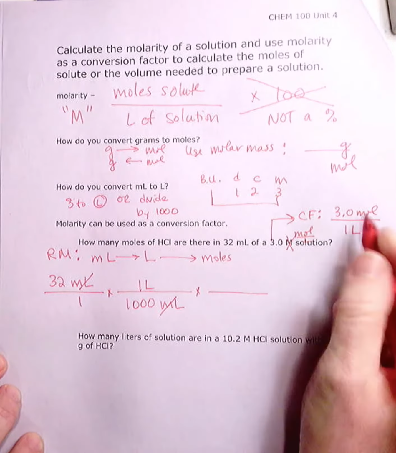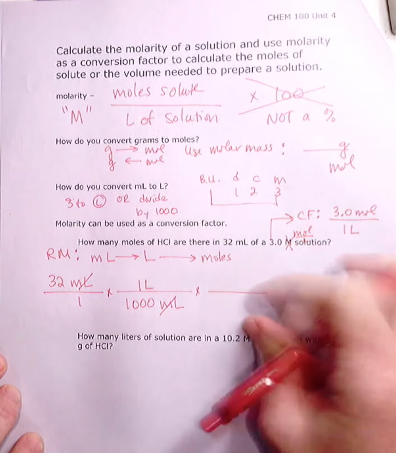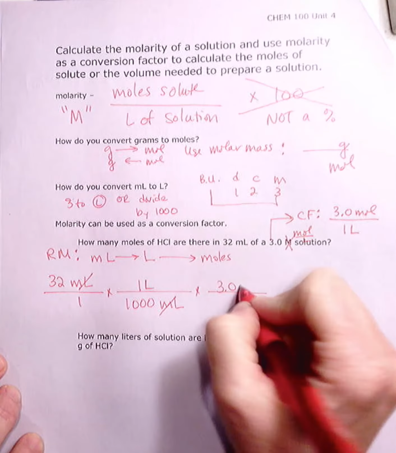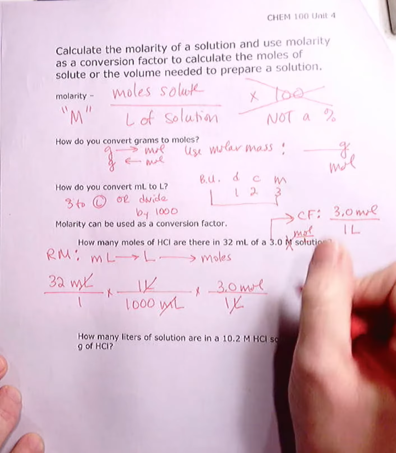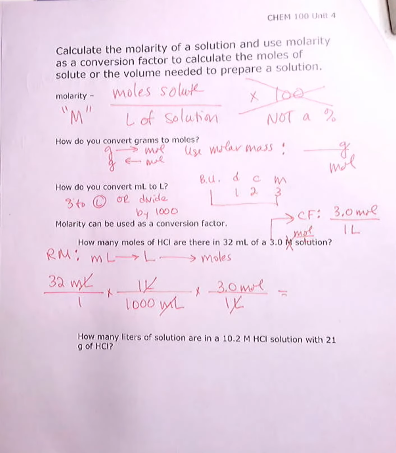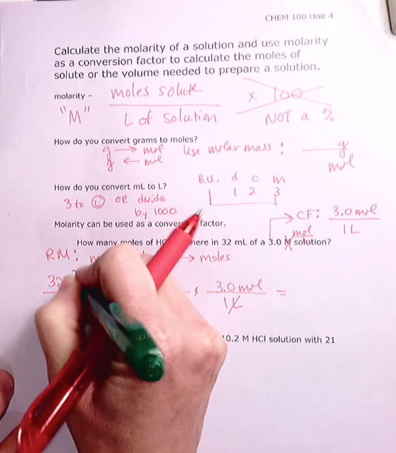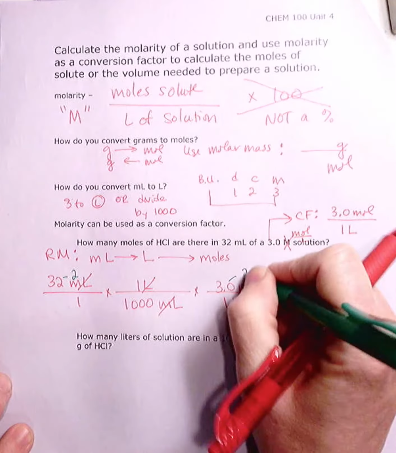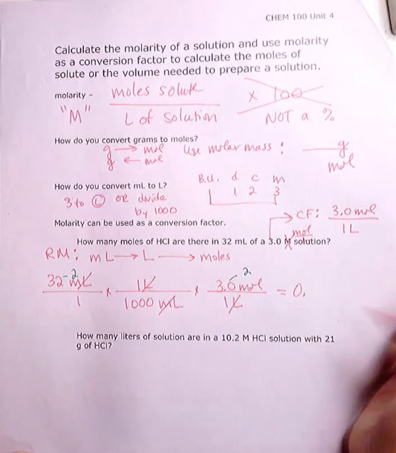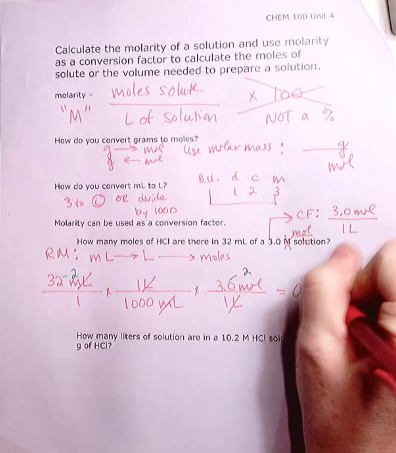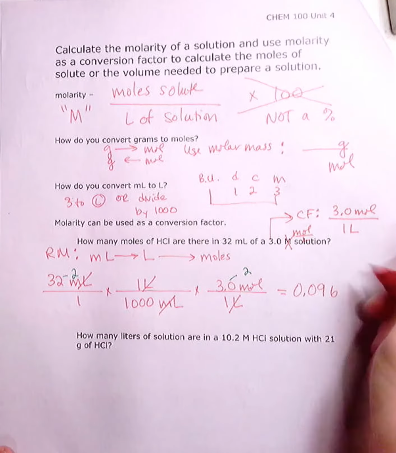Multiply that by our conversion factor, 3.0 moles over 1 liter. So for significant figures, I have 2 sig figs here and 2 sig figs here. Our answer cannot have more than 2 sig figs. So I end up with 0.096 moles.